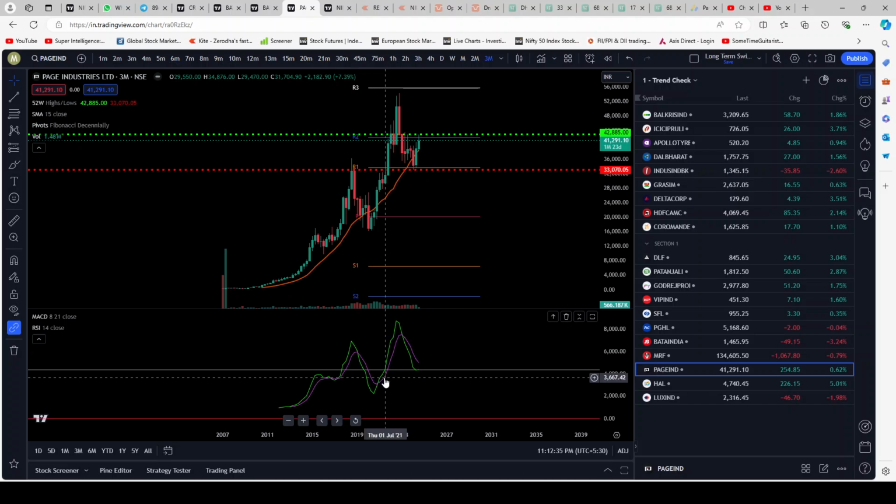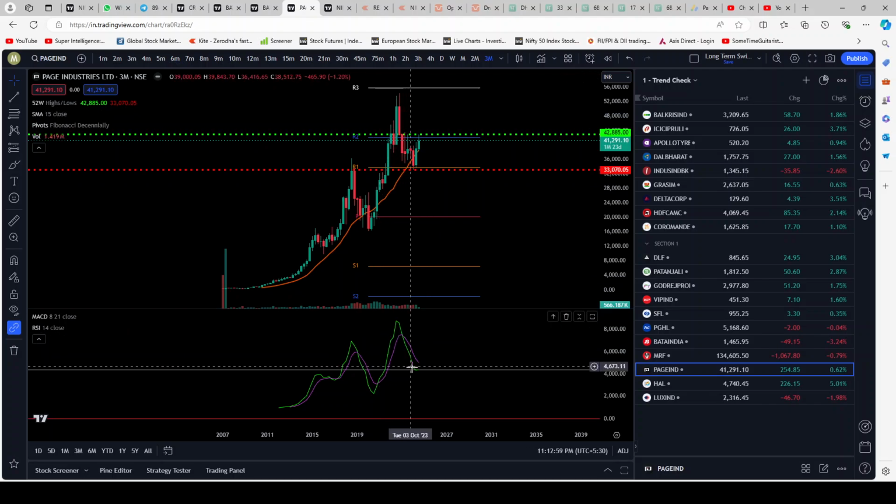Then it again crosses the 50% mark on the RSI, and the green is above the purple in July 21, which is somewhere over here. In July 21, the price is somewhere approximately about 32,000 rupees. From there, it rockets up to 54,000 rupees. So it's about 60-70% return, I suppose.